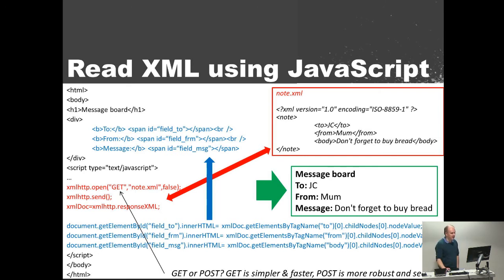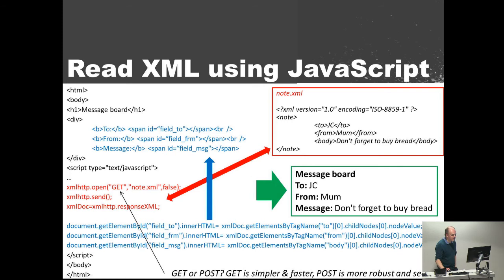And as we have seen in PHP, you have two modes for sending information, the get or the post modes. So you open that file, you send it, and when you receive the file, it's going to go in that variable, XML doc. So XML doc is the file which has been retrieved.